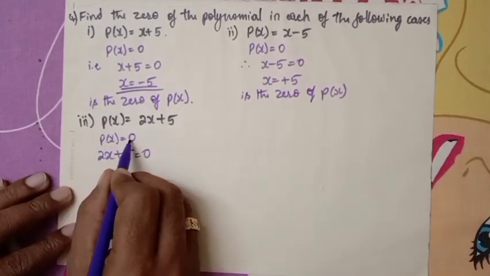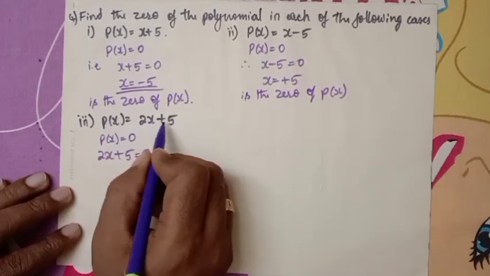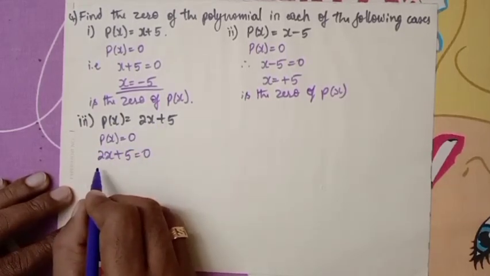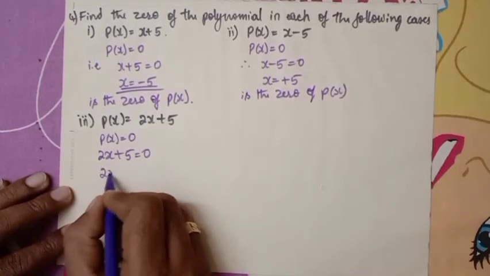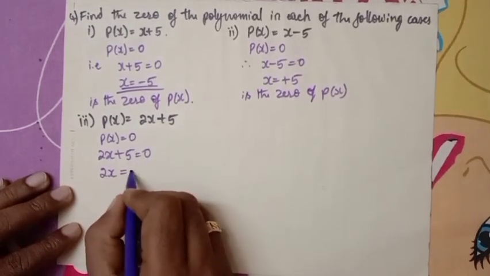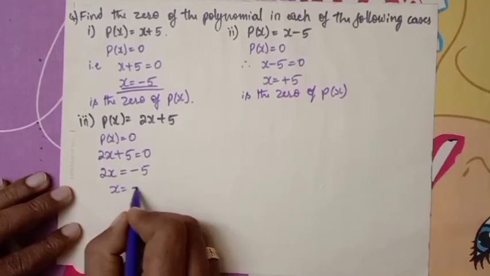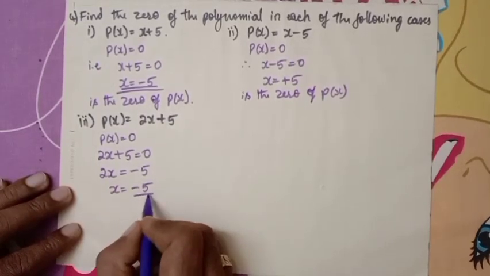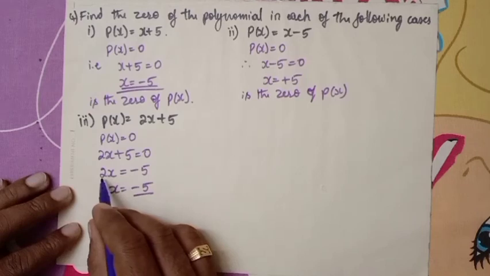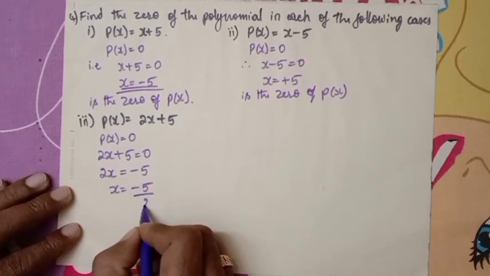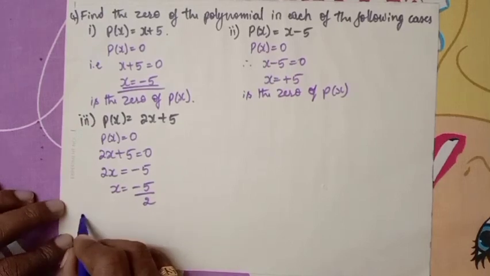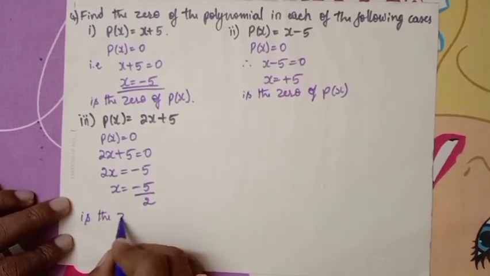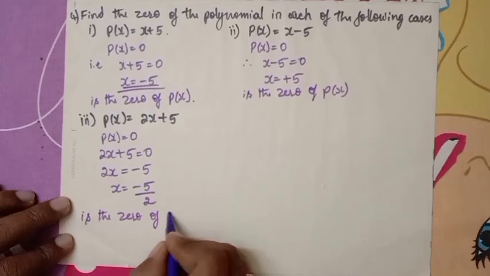So, 2x is equal to minus 5. When cross multiplied, the 2 comes to the denominator of the RHS. So, x is equal to minus 5 by 2 is the zero of P of x.